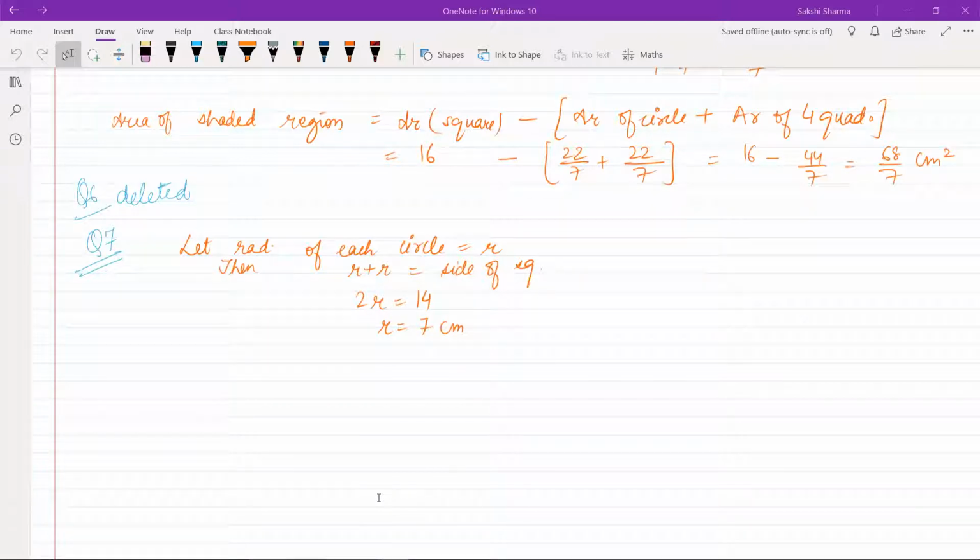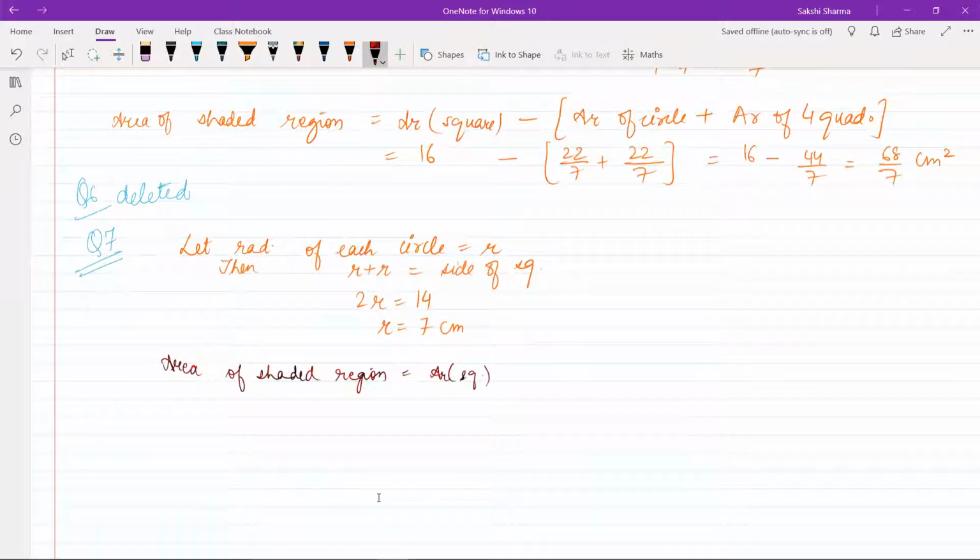So you will have area of the shaded region equals area of square minus the area of the 4 quadrants. So the area of the square will be 14 squared minus 4 quadrants.